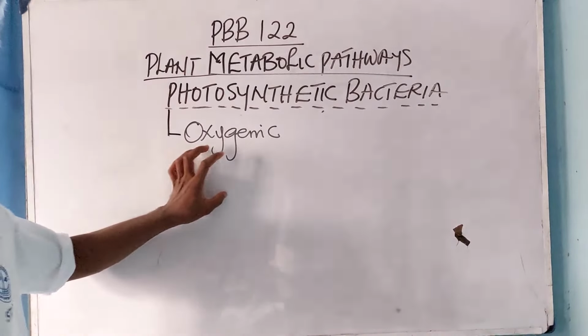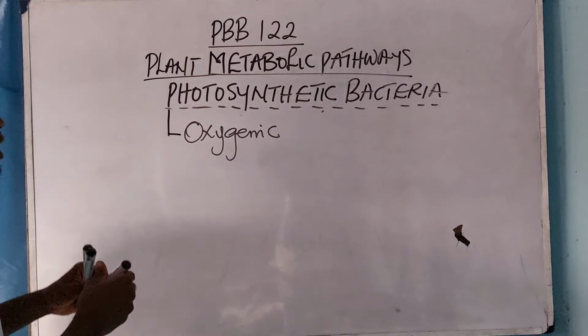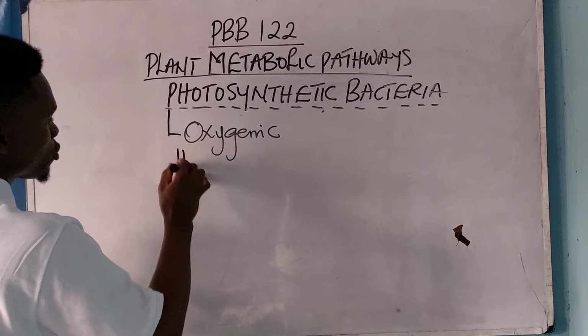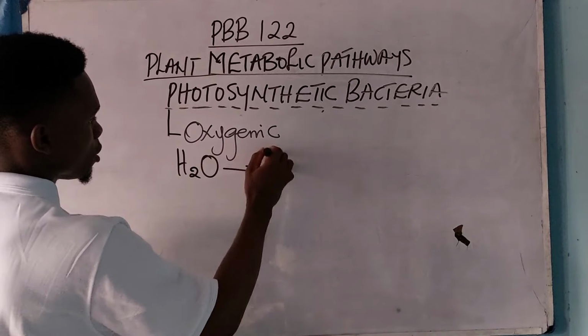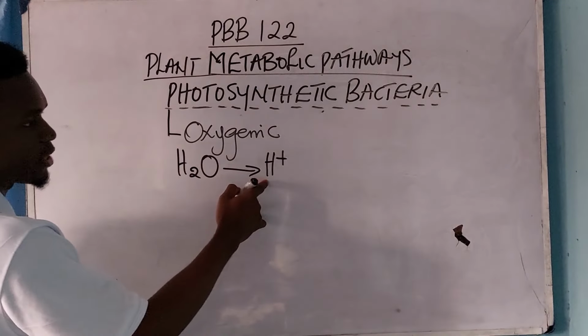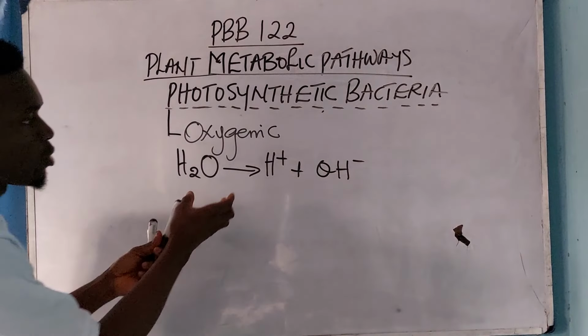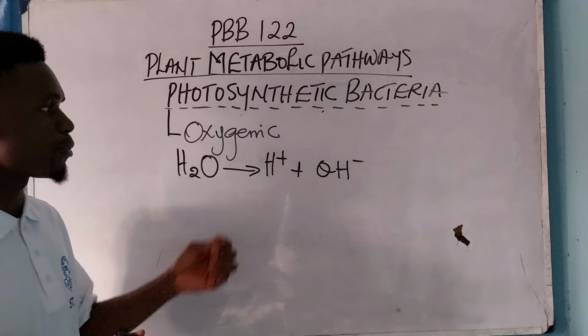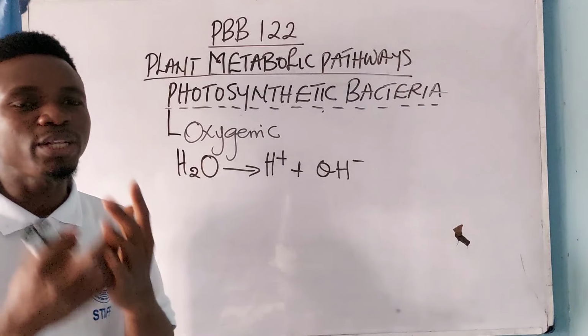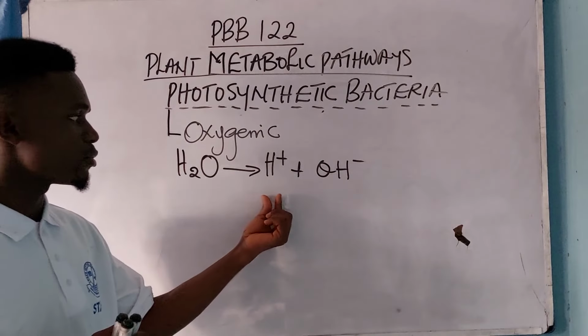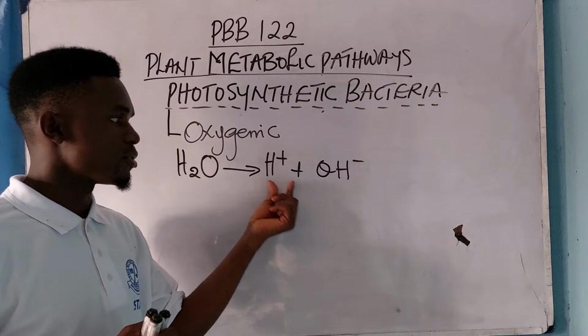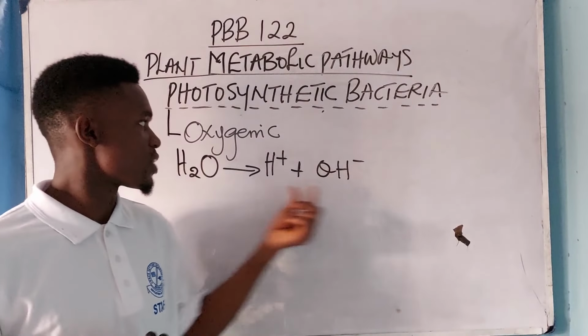Please, it is the oxygenic bacteria. That is because they have the ability to split water molecule into hydrogen ion and hydroxyl ion. So this is the photolysis of water, the process by which water molecule is split into two ions, hydrogen ions and hydroxyl ions.